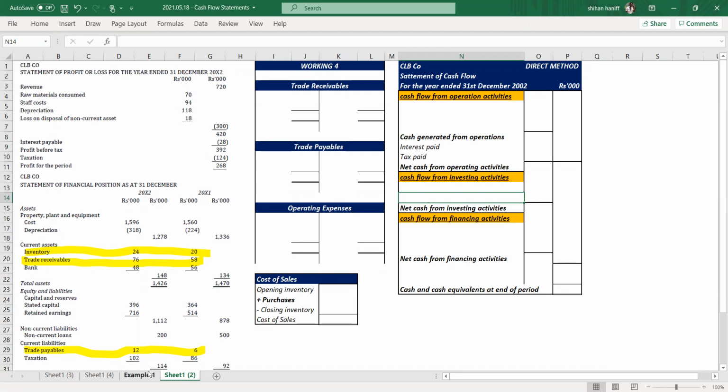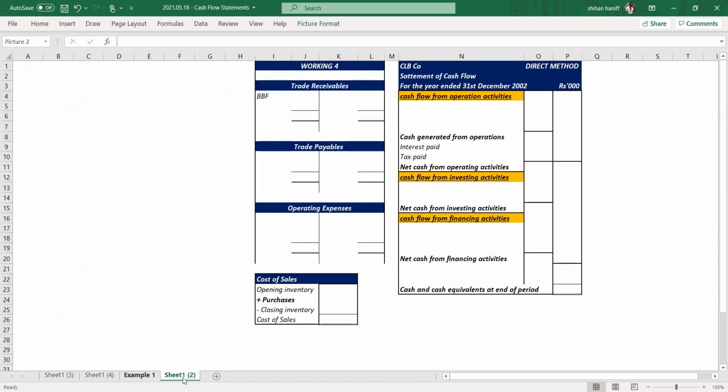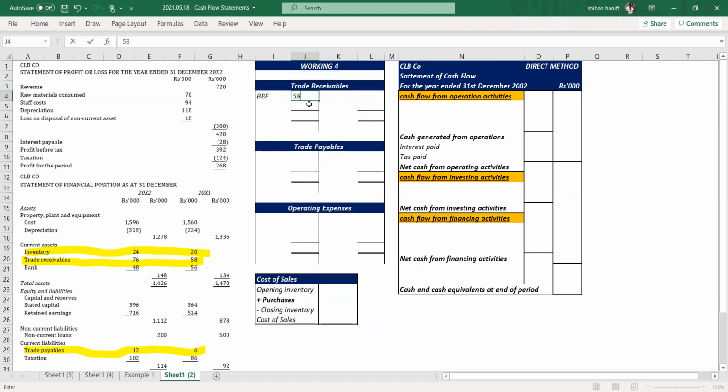Investing activity and financing activity is the same as before. Can you all do this? Trade receivables, opening balance 58, closing balance 76. Then we need cash and sales.